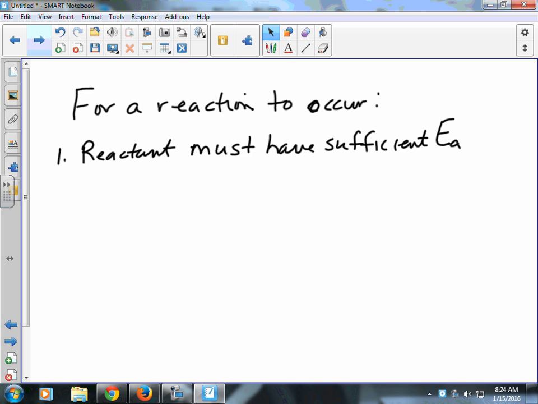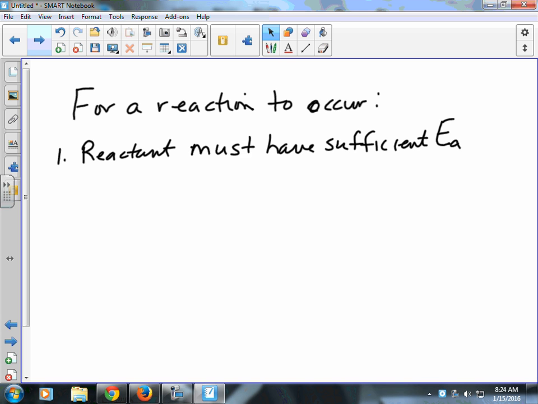So we end up with this. In a reaction mixture, we don't have all particles with the same velocities. It's a range of velocities. When they collide, and I know this is hard to understand, even your H2 molecules don't all have the same velocity.